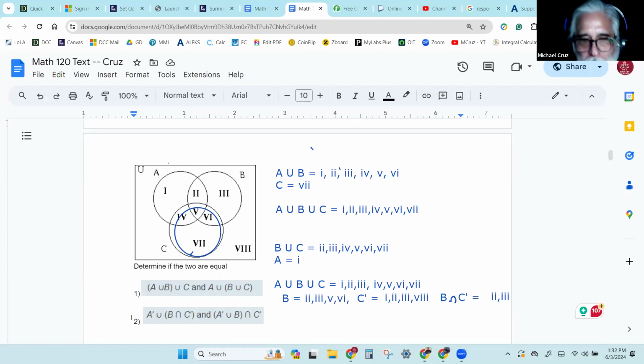So then the whole part, and we need a complement to do this. It's just what's not in A. So that's 3, 6, 7, 8.